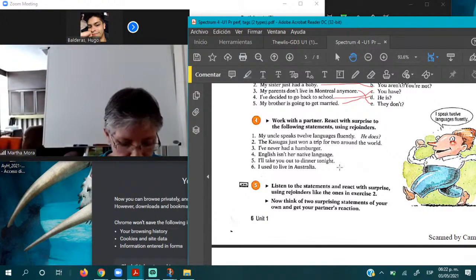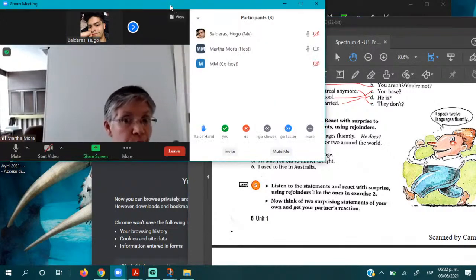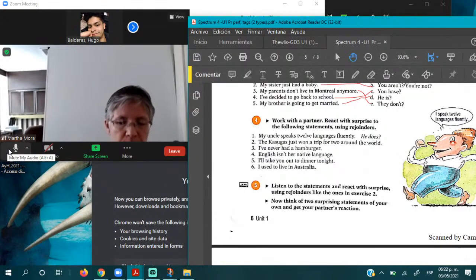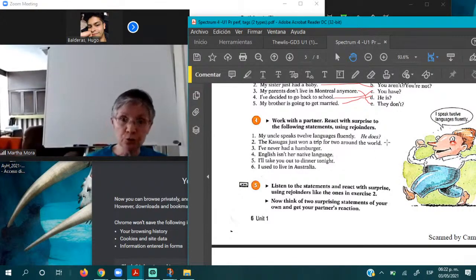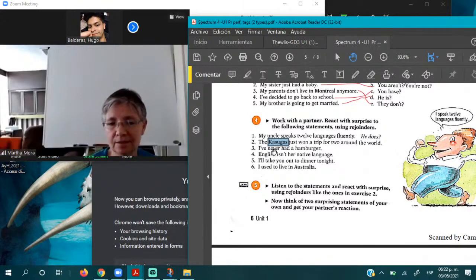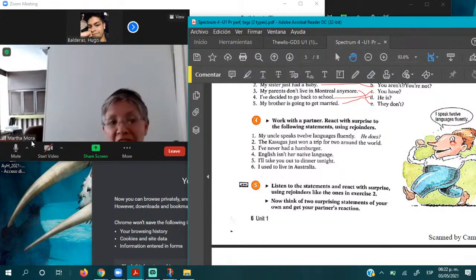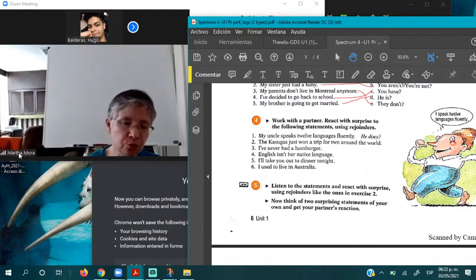Okay, so Ignacio, my uncle speaks 12 languages fluently. The Kasugas just won a trip for 2 around the world. A family like the Simpsons. It's a family. It's like the Simpsons or the Flintstones. So the Kasugas just won a trip for 2 around the world. I've never had a hamburger.